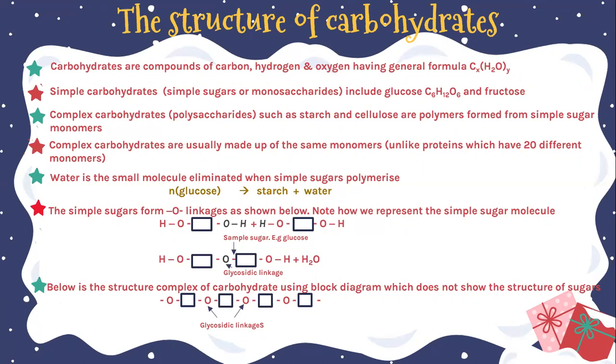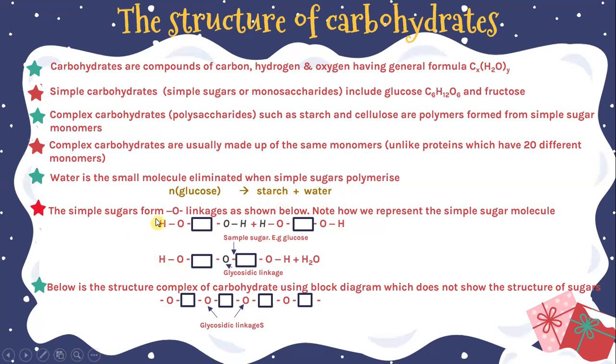Water is a small molecule eliminated. The same thing happens during the formation of protein, whereby water is a small molecule eliminated when simple sugars polymerize. So glucose forms starch and water.